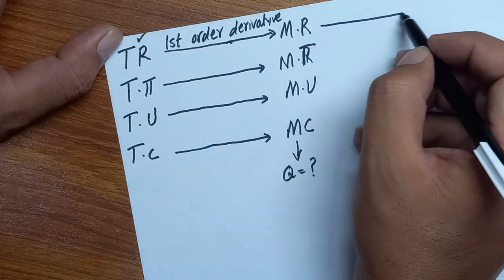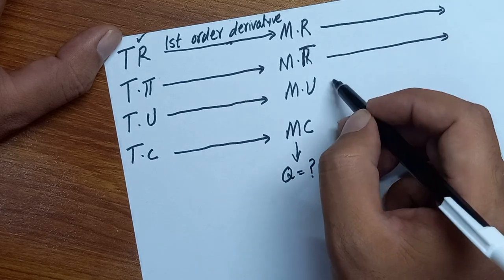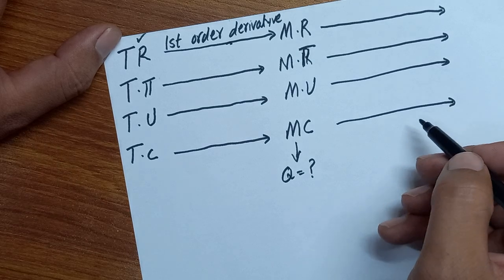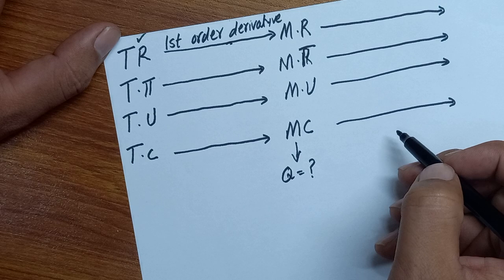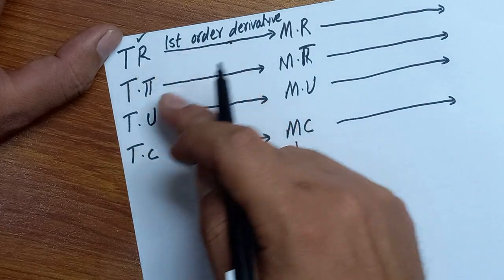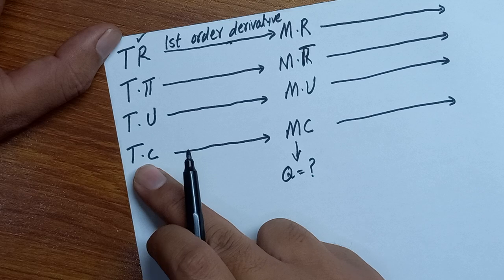Then we will take derivatives to find which one is the optimal value, what will be the value of q through which we can gain a lot of revenue, a lot of profit, a lot of utility, and less cost.